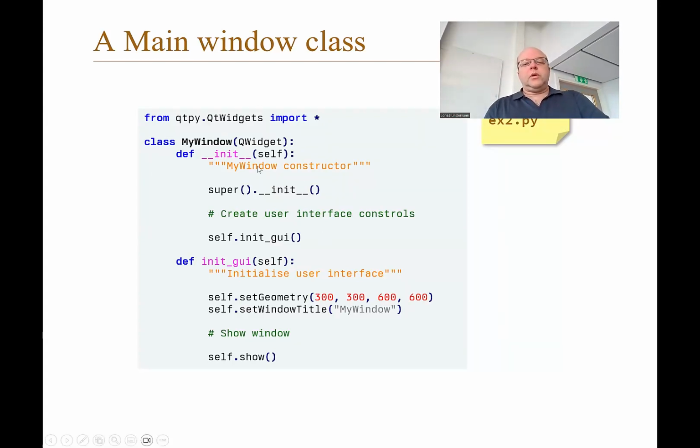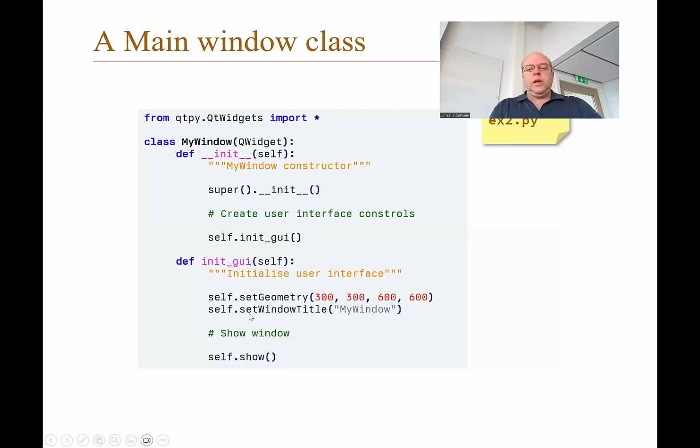Then I have to create a constructor and call the constructor of the QWidget, which is the super init. Then I have a habit of separating the user interface design into a separate function. So initGUI will contain all my user interface functions. In that function, I will create all my user interface objects.